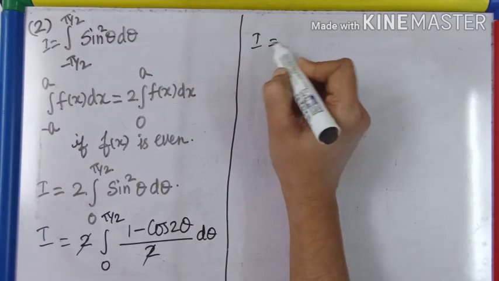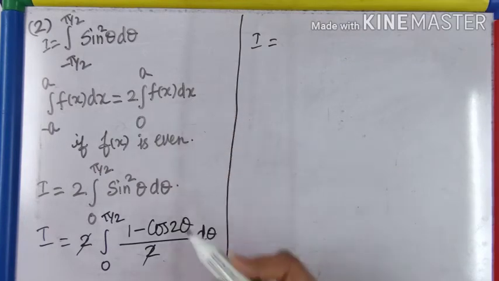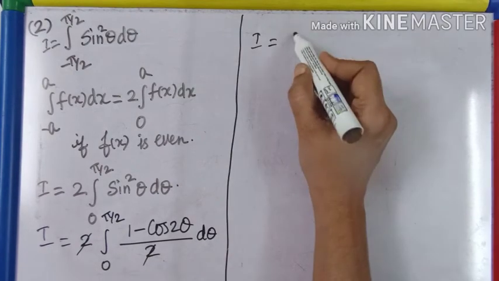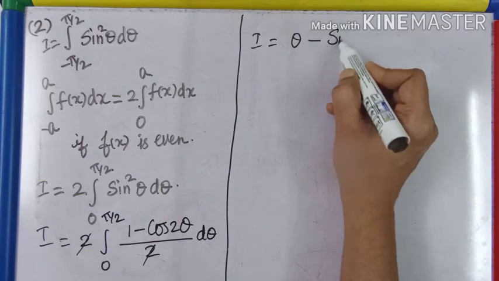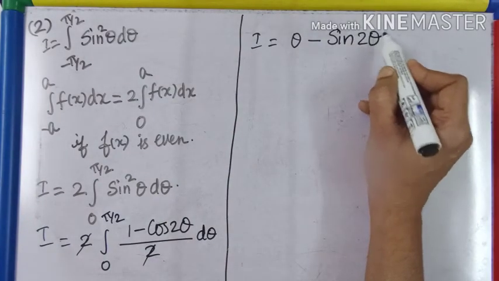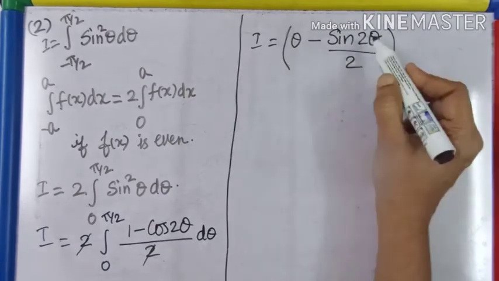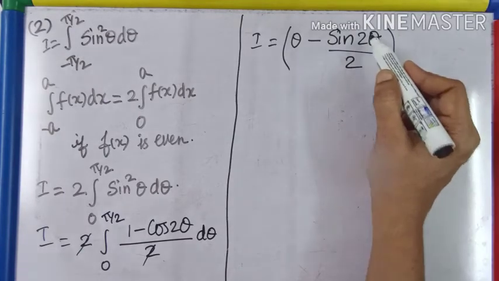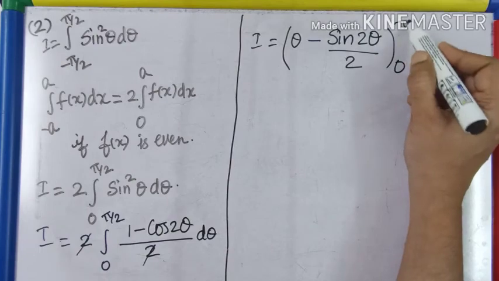Let me integrate. 1, a constant, will become x if it is dx. Now it is d theta, so 1 will become theta, minus cos becomes sin. So cos 2 theta means sin 2 theta, and whenever 2 theta comes, divide by 2. 3 theta means by 3, 4 theta means by 4. Remember, between the limits 0 to pi by 2.